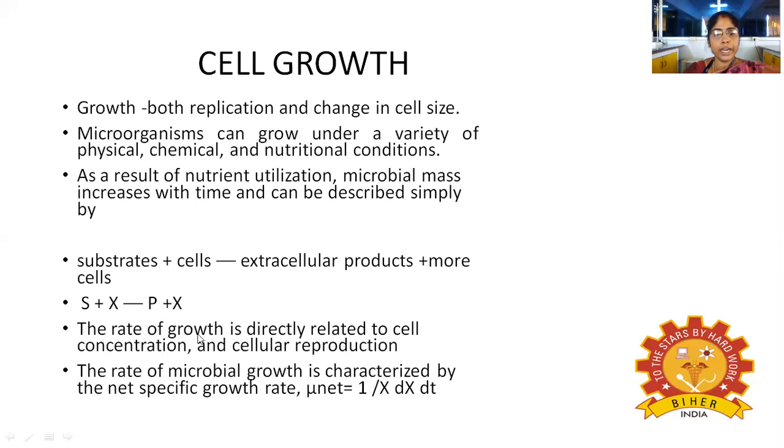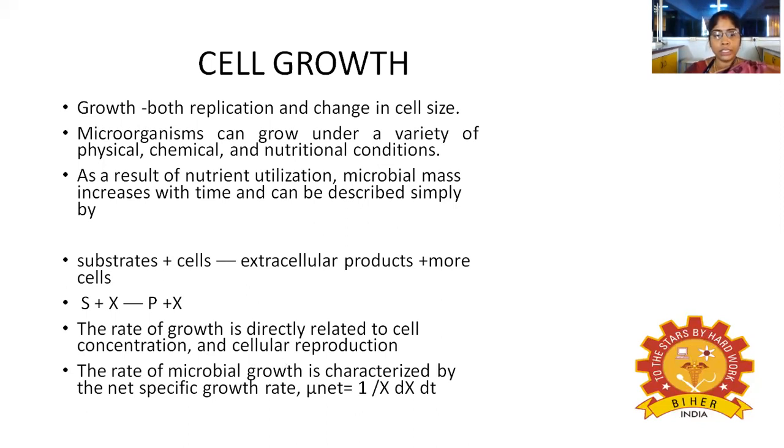The rate of growth is directly related to the concentration and how the cell gets reproduced, once it utilizes the nutrients present in the media, which are taken up so that it is able to increase both in cell concentration and in cellular reproduction, that is, in the number of cells.